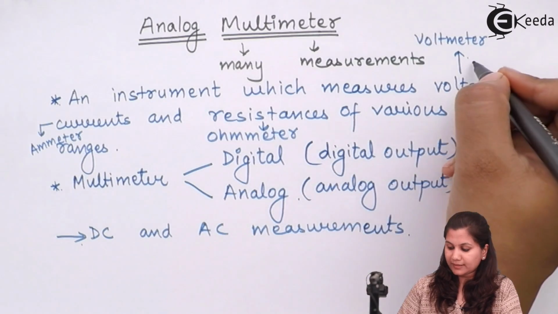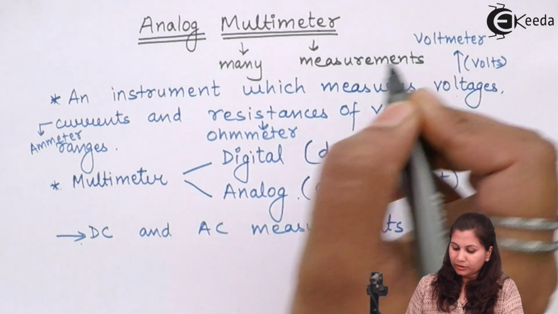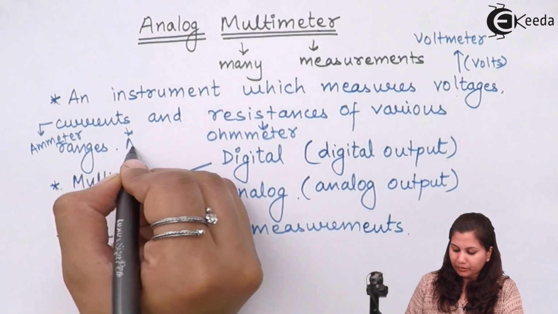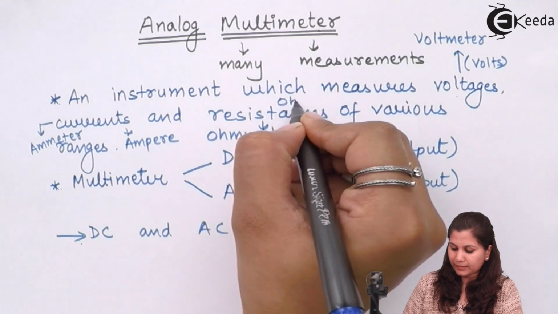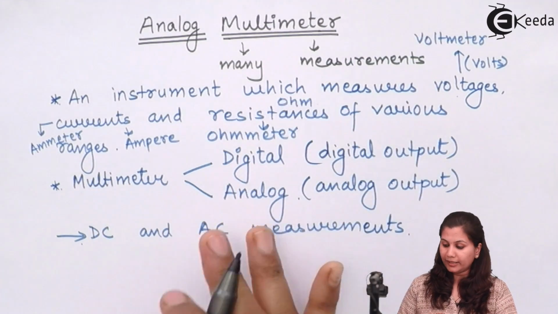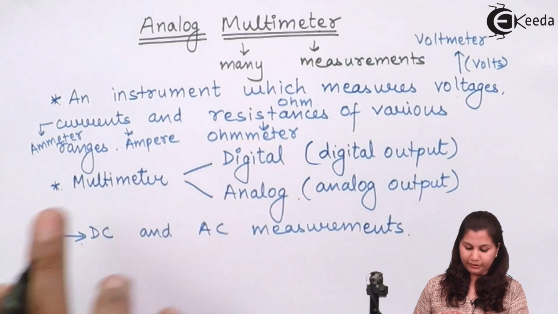Because the unit for voltage is volts, the unit for current is ampere, and the unit for resistance is ohms. Based on that, instruments are called voltmeter, ammeter and ohmmeter.